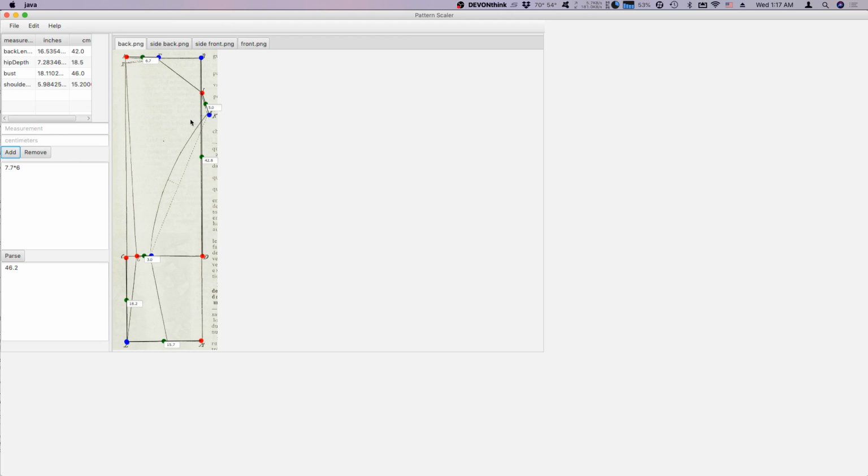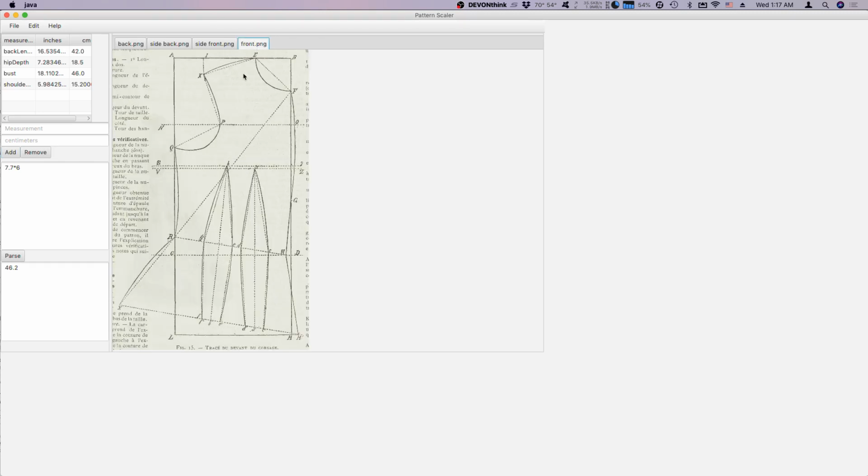Although we haven't drafted the entire piece right here with our little dimensions, I don't think we can actually recover any more measurements from this pattern piece.